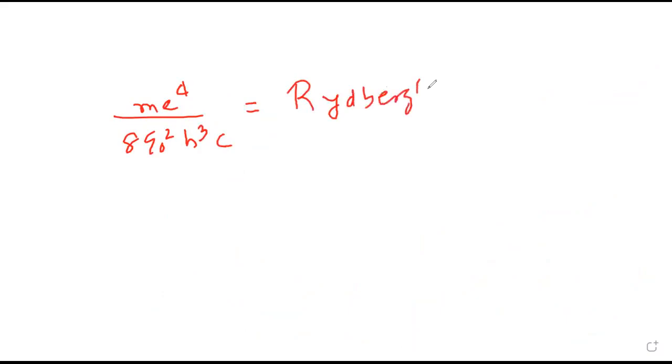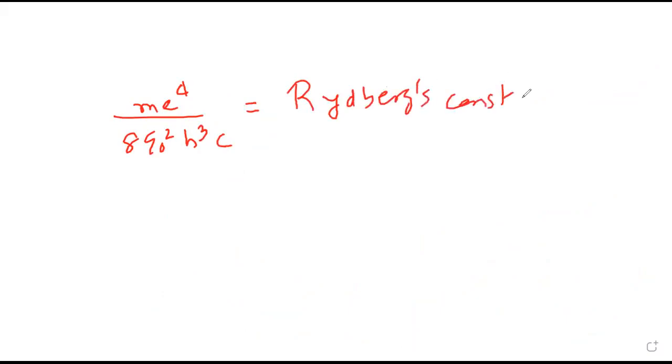See, in 12th standard you are going to study that M e raised to 4 upon 8 epsilon 0 square h cube into c is called Rydberg's constant.